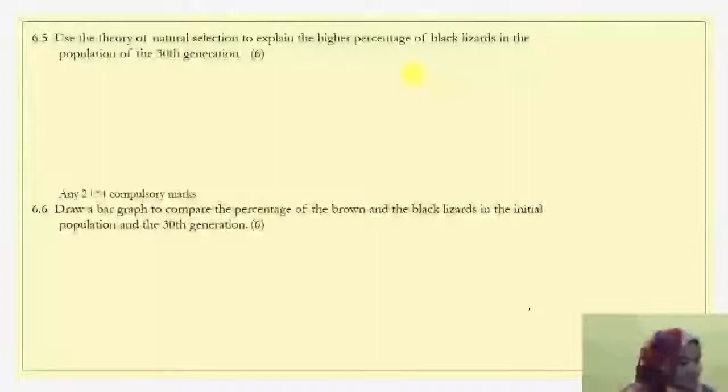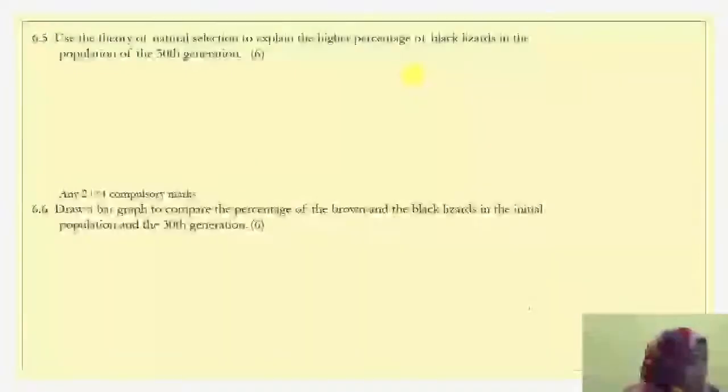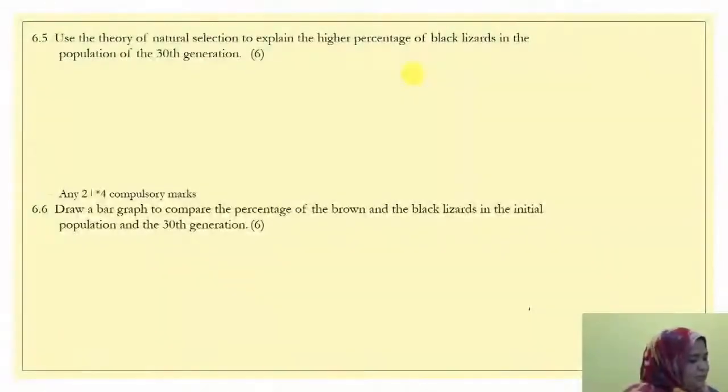Okay, thank you. So, page 29, but I'm going on to page 30, the actual questions are on page 30. Okay? Right, so let's see how we're going to apply our knowledge of natural selection to this particular topic.